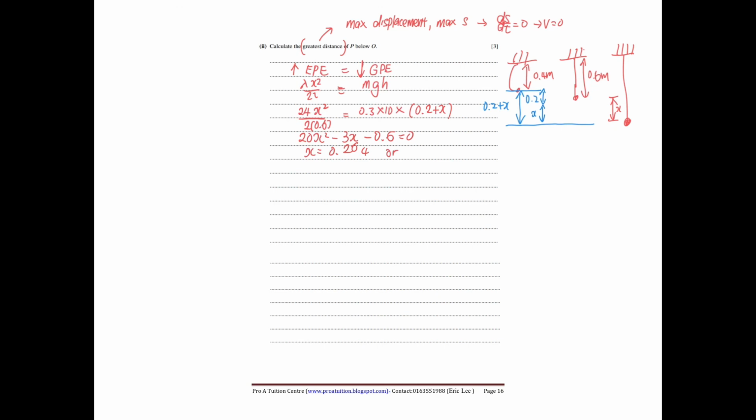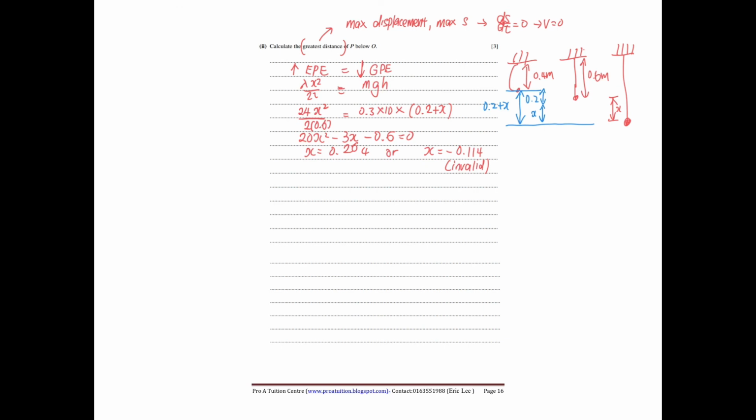The other value is negative, which we can ignore, so this is invalid. So we take 0.264 as the extension.